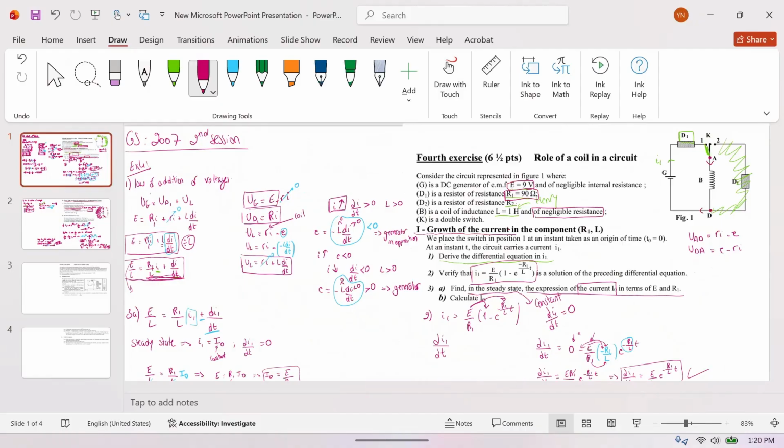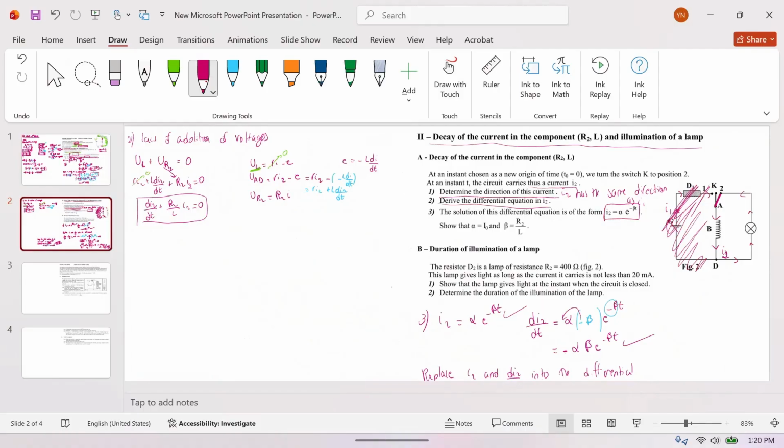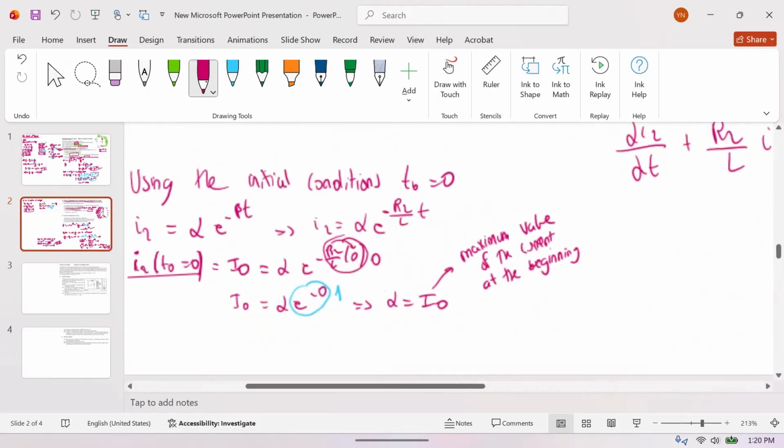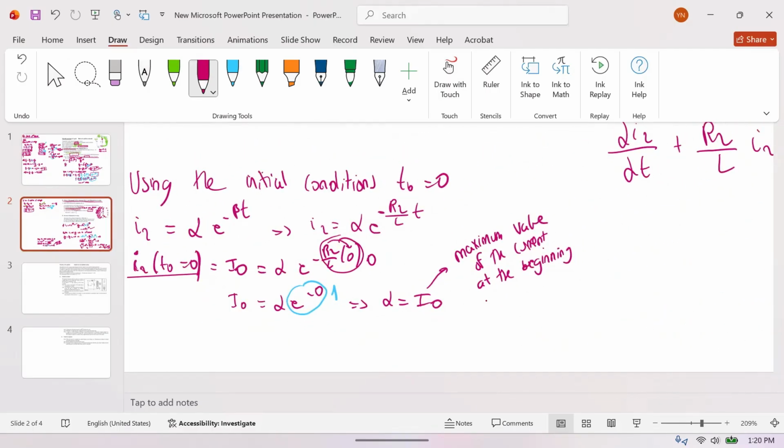So in the first part, I grew the current and it got to its maximum value. Now in the second part, we have the decay. So I started decreasing. This is a second experiment. I reset the clock and I redo my experiment where I'm decreasing the current from its peak, from its max. This is why I'm saying it's max, at the beginning of the experiment, when we just cut off the generator.